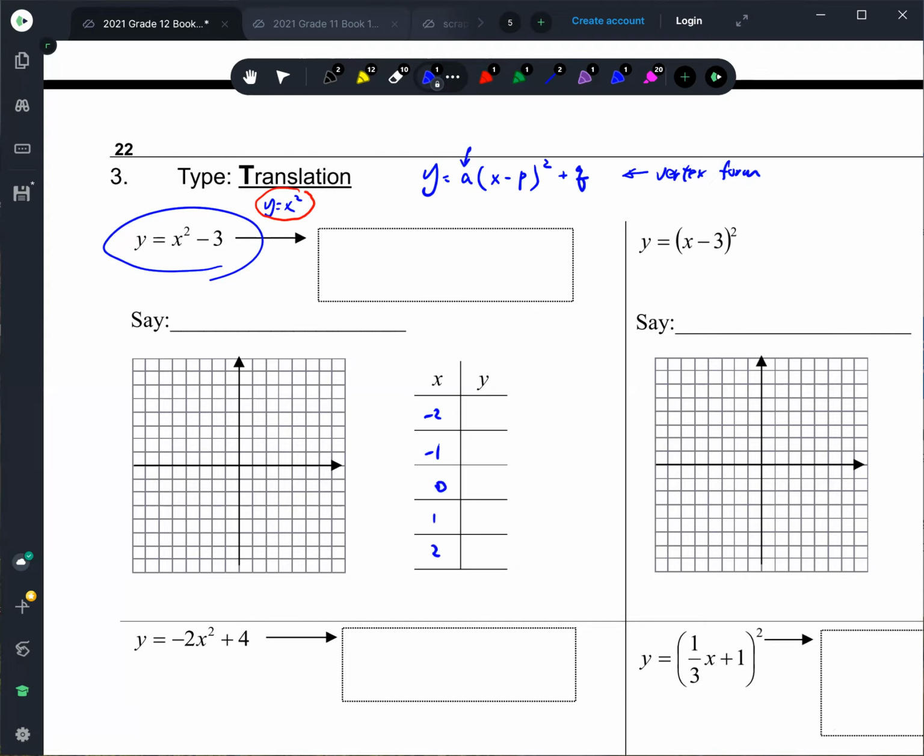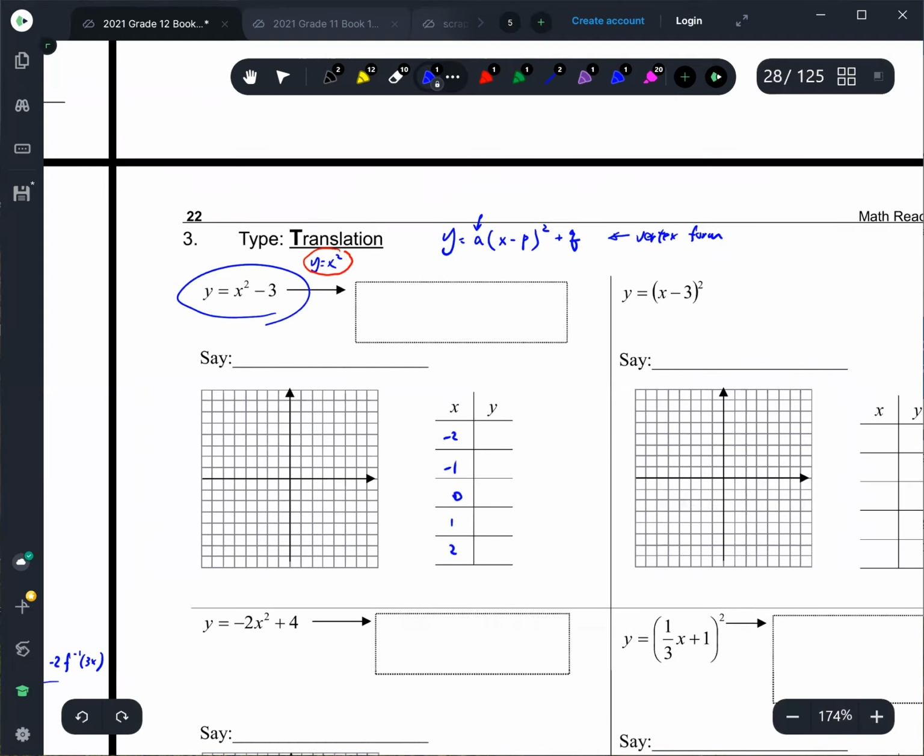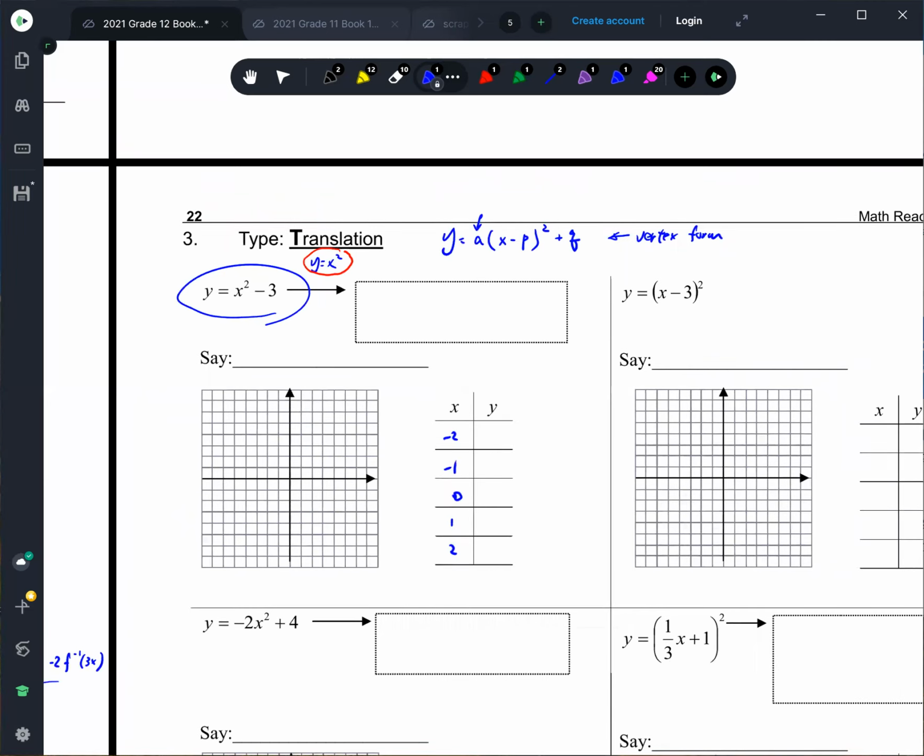And what are the y values, Marcus, for the basic? You don't need to plug anything in. The basic ones, you should memorize them. It's on the first page of this topic. Look at your notes. Parabola, what are the basic points?